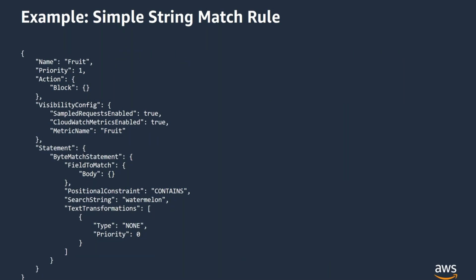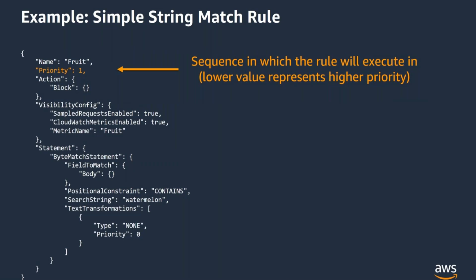Now let's change gear by looking at one of the example rule statements. Here we have a simple string match statement that looks for the search string called watermelon. Going in deeper, the first field tells you the sequence in which the rule will execute, and the lower value represents higher priority.